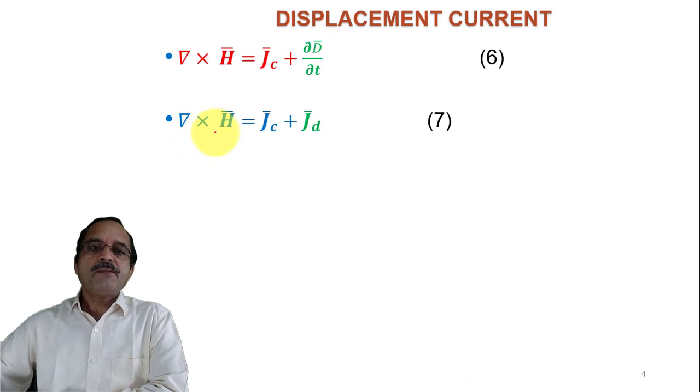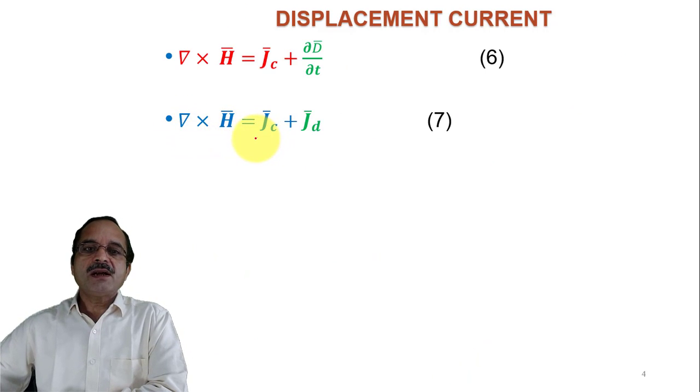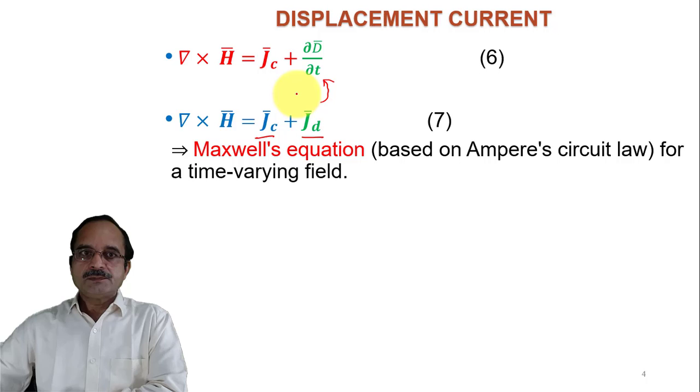So the curl of H is equal to conduction current density plus displacement current density, where displacement current density we just now got as dD by dt. So this is one of the Maxwell's equations for time varying fields derived from Ampere's circuital law.